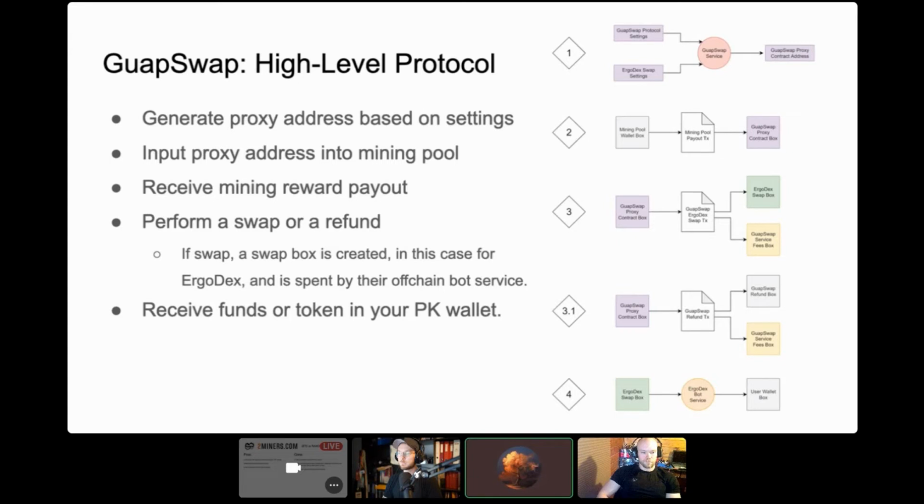And then this swap box, as in step 4, would get picked up by the Ergodex bot service and actually execute the swap with Ergodex itself. And then you would go and look in your wallet, and you'd see the token deposited into your account.